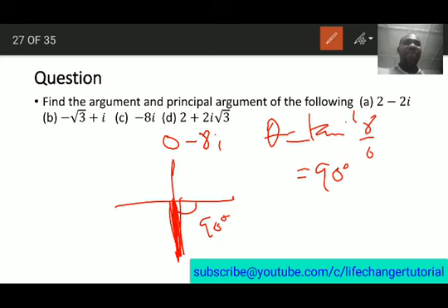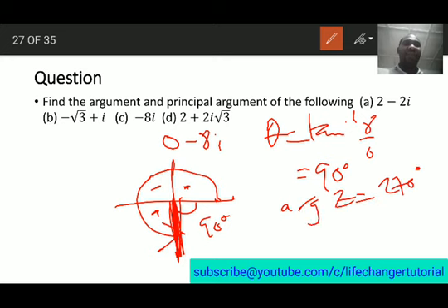So what is our argument? Our argument will be from the positive x-axis going anti-clockwise till we get to that complex number. This is 90 degrees, this is another 90 degrees, making it 180, this is another 90 degrees, making it 270. So my argument of z is equal to 270 degrees.